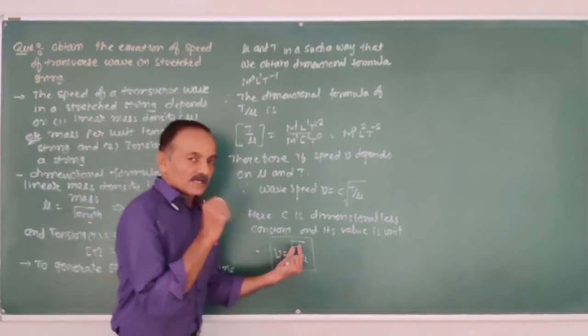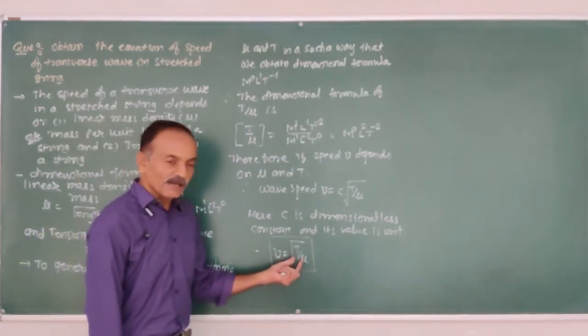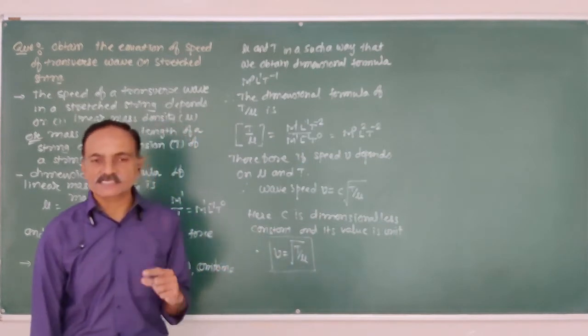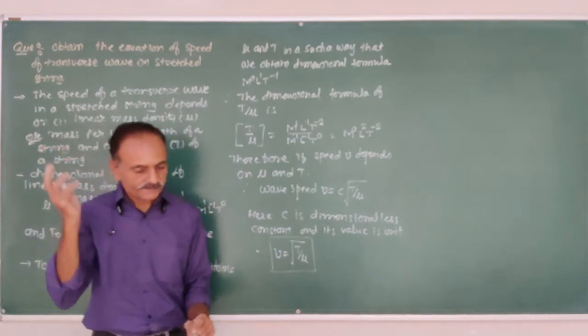Therefore, the speed of a transverse wave depends on the linear mass density and tension of the string. It does not depend on the frequency of a wave.